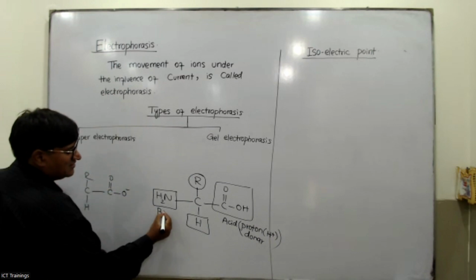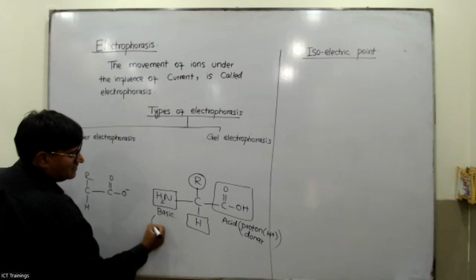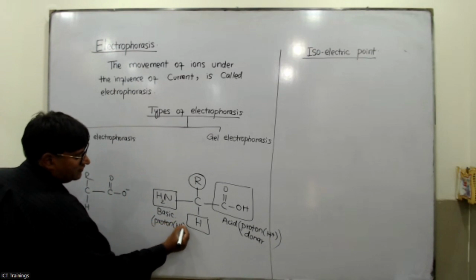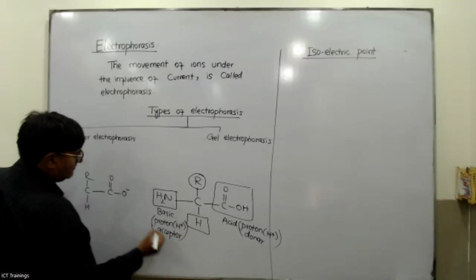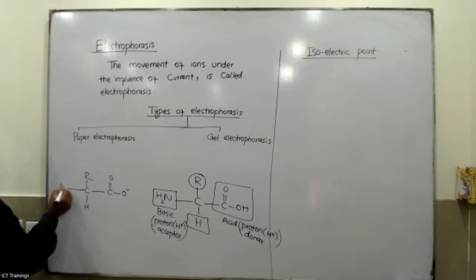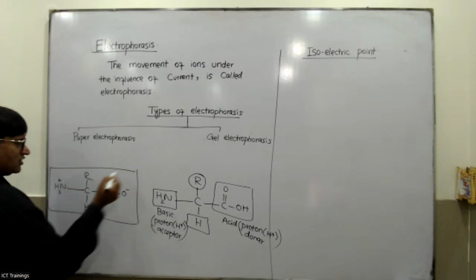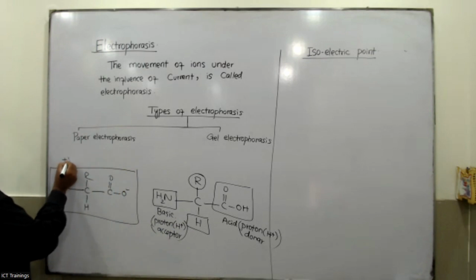This is actually the basic group. And the basic group, my dear, accepts the proton, H positive. So what would happen? It would become NH3 positive. So this whole thing has the plus one charge and the negative one charge.